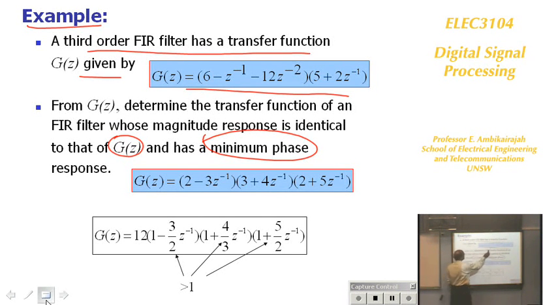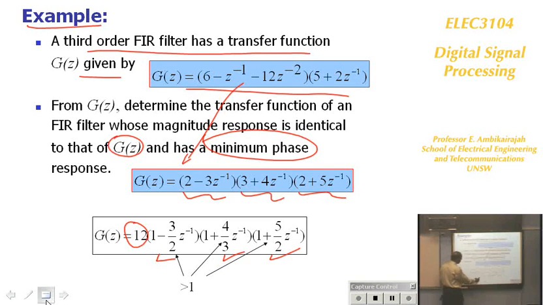In this case, if you factorize that, you get that one, and that one, and that one. If you now divide this by 2, divide that by 3, divide that by 2, you take 2 times 3 times 2, 12 comes out, and this is your zeros.